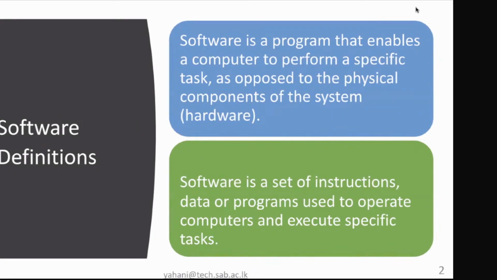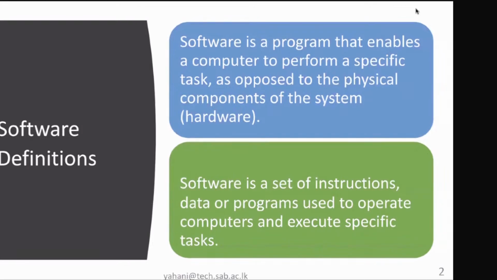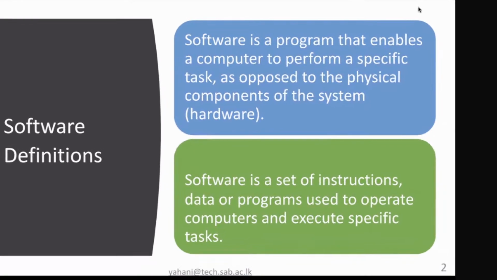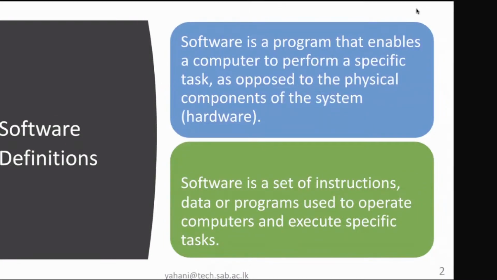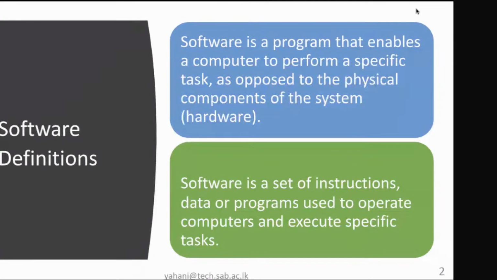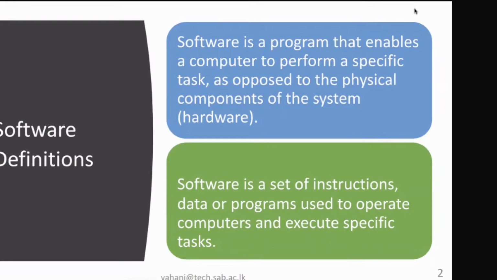Okay. So let's get the software definition. Software is a program that enables a computer to perform a specific task, as opposed to the physical components of the system. Software is built for the computer to perform a specific task. So every software is built for a specific task.